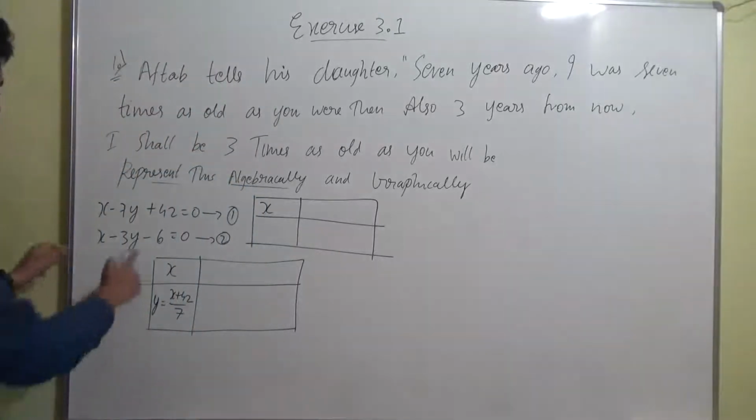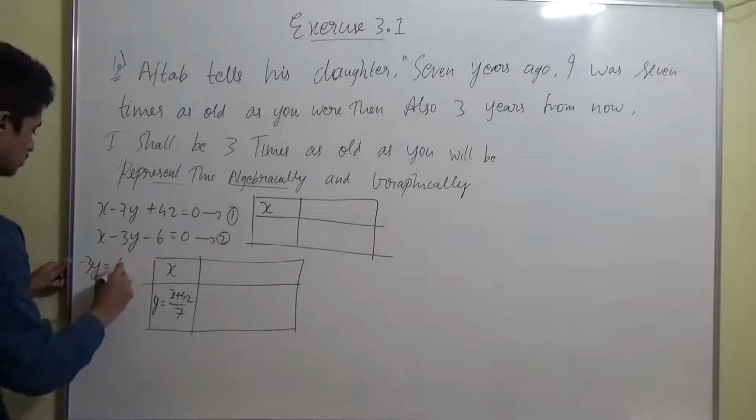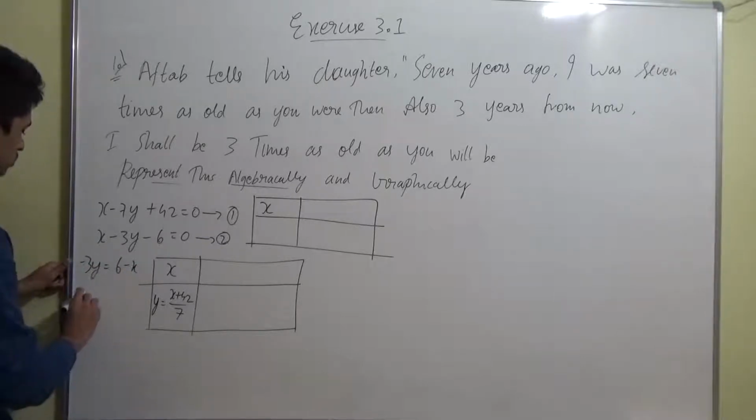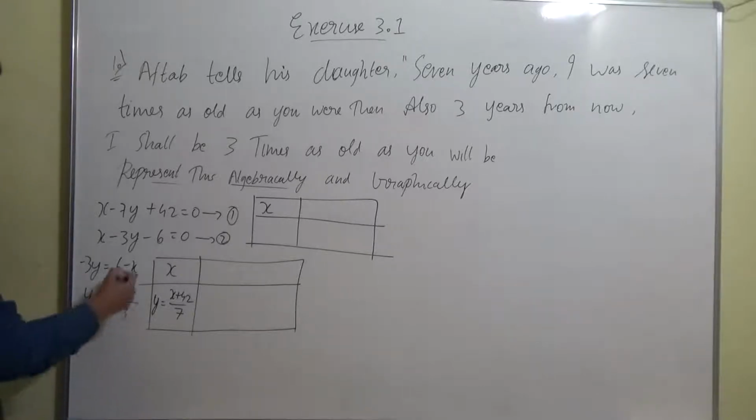So y is going to be equal to, we'll do it here, guys, minus 3y equal to 6 minus x. So y equal to, by minus 3, multiplying minus on both sides. Let's keep this minus y here, y is here. We need only plus y, guys.